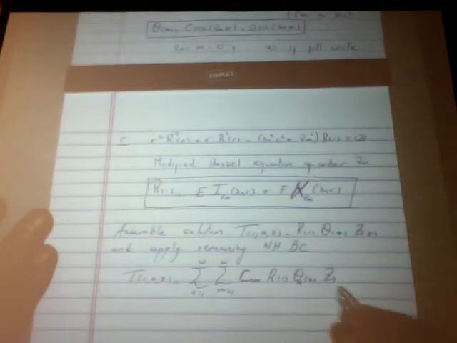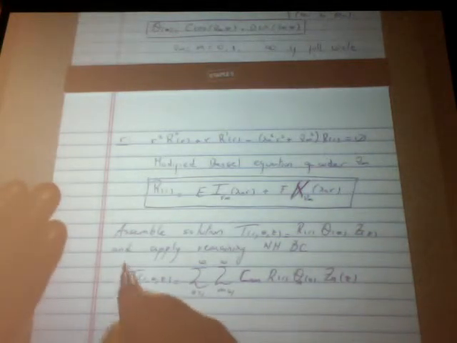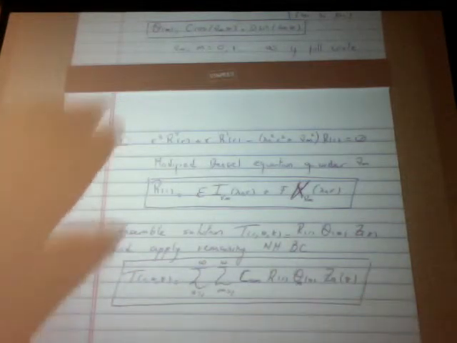This is m, this is C n of z. These are the eigenfunctions. All right.